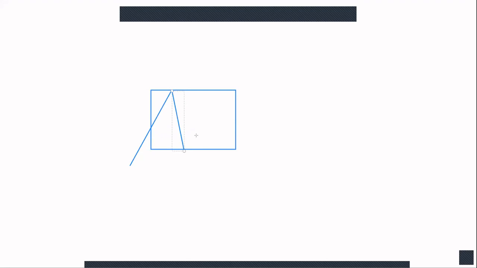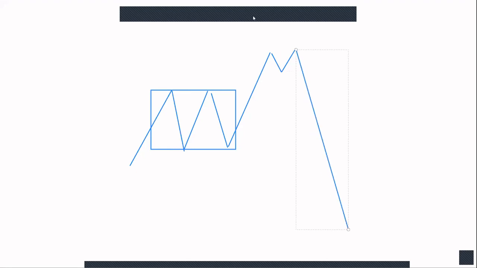That's what we'll be expecting for this pair on Monday. Yes, something like that. To the low side here, just like that.